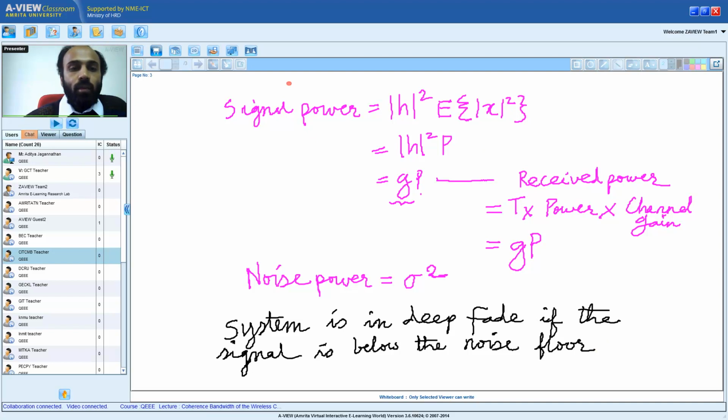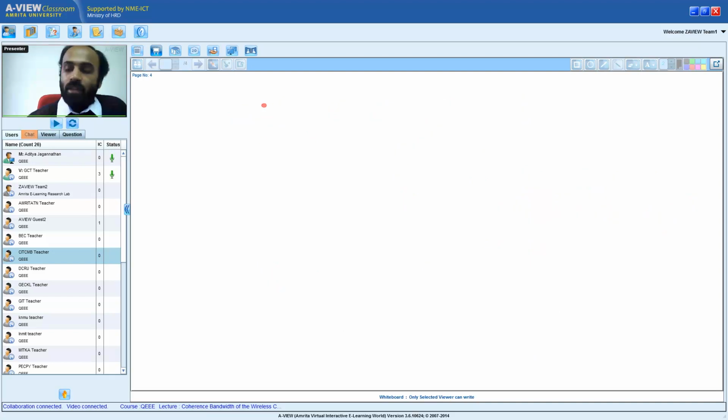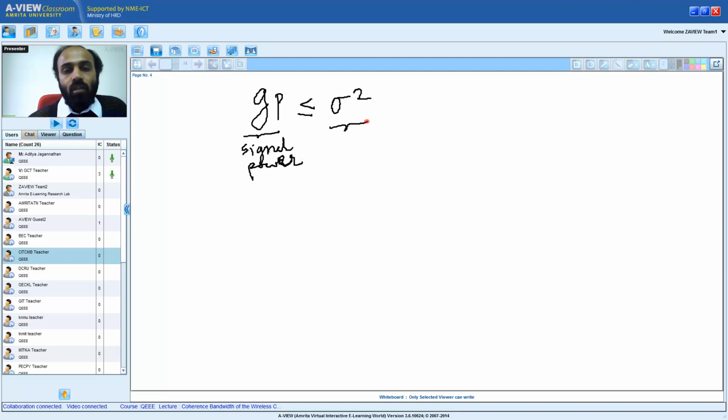It means the received power G times P is less than or equal to sigma squared. This is the signal power, and this is the noise power.